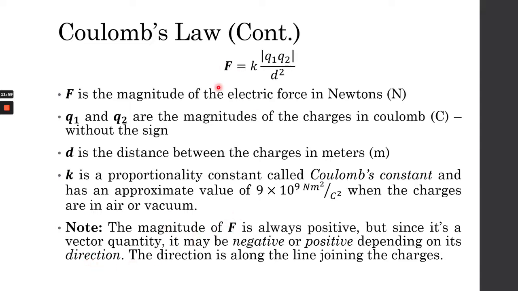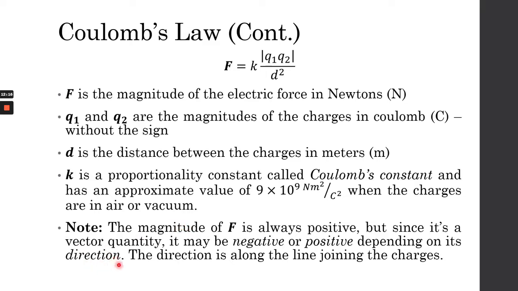The magnitude of the force is always positive. But if you see a sign in front of it, so basically you can sometimes see negative or positive, that is just denoting the direction. That is not the value of the magnitude.